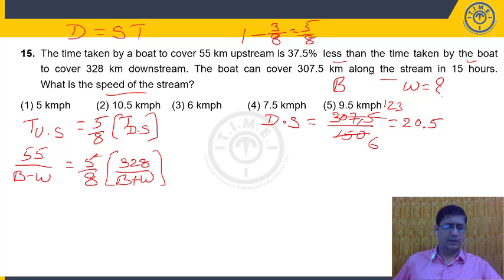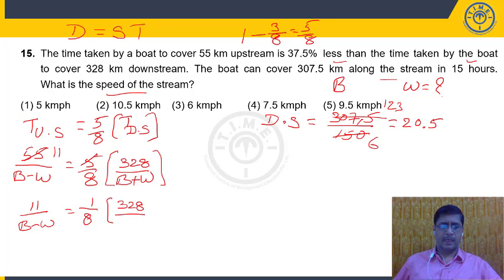Now simplify this. 5 goes exactly 11 times. Now solving this, 11 by B minus W is equal to 11, and we can also cancel with this one. 11 as it is, now 1 by 8, and what is the next cancellation? 328 by 20.5.